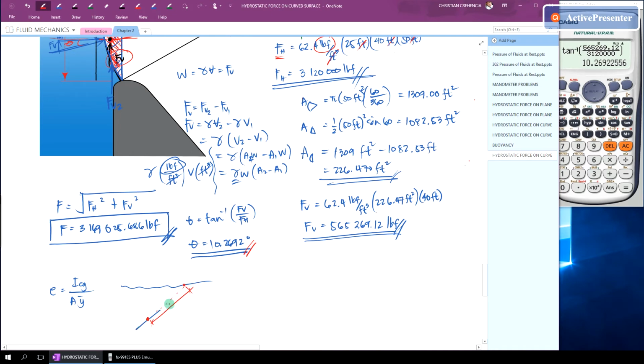Okay? So, this is yung y bar. Then, ito naman yung h bar. Pero if yung surface na kino-consider natin is vertical, then same lang yung y bar and h bar. So y bar is equal to h bar. Okay, so in this case yung y bar natin is yung h bar din.